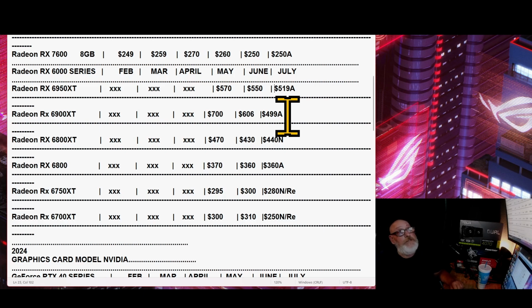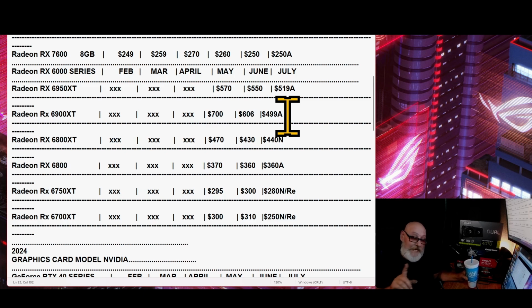So it did come down a little bit in price. So you figure that's what, $31? Came down $31 in July from June. Not too bad. But look at the speed on the 6950 XT compared to, just say, the 7800 XT. The numbers are still staying up above the 7800 XT. So they're floating around between the 7900 GRE and the 7900 XT.